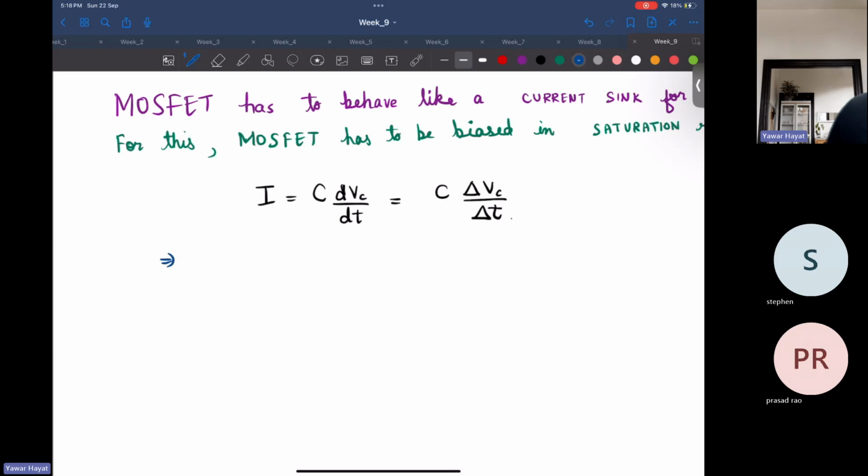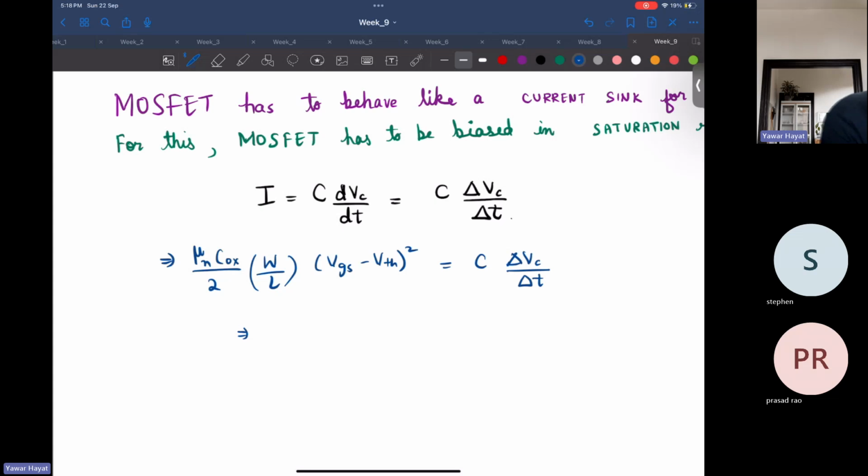In saturation region, we have the following equation: mu n Cox by 2, your W by L, and then your VGS minus VTH whole square. That is equal to C delta Vc by delta t.